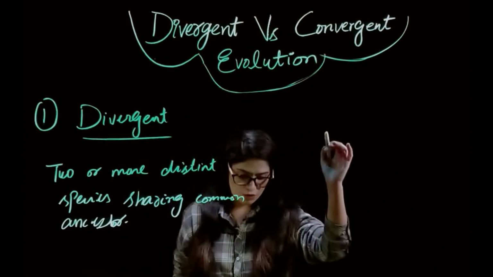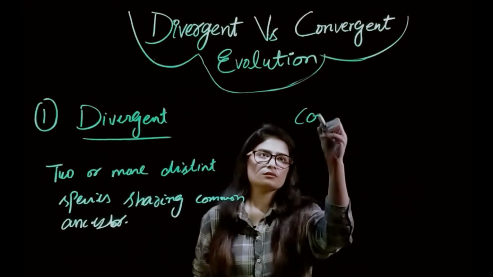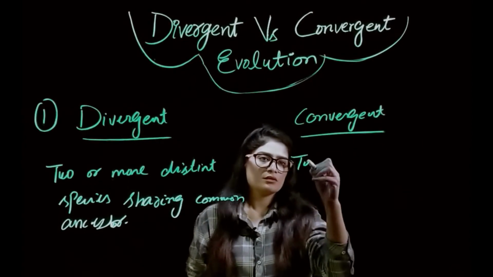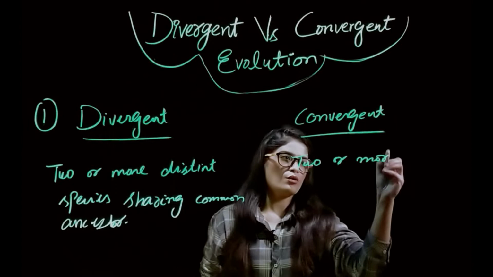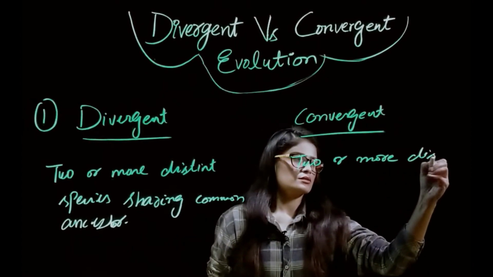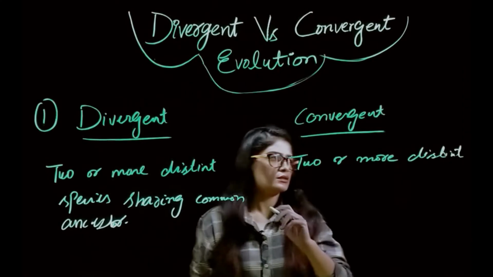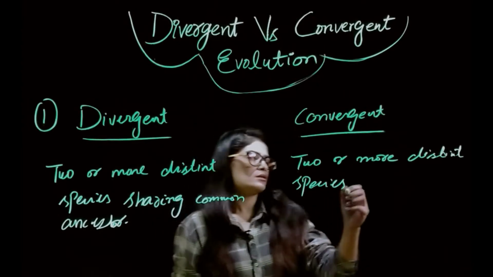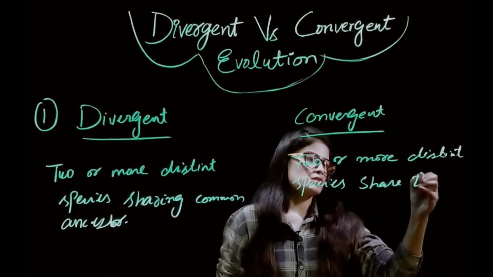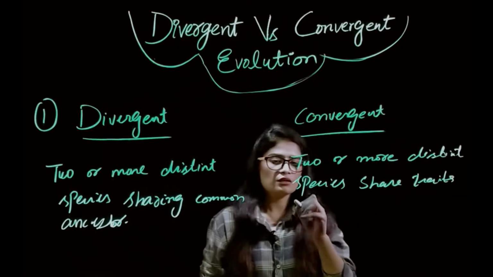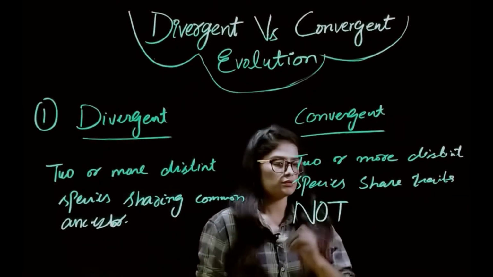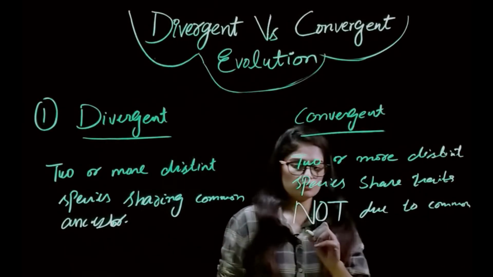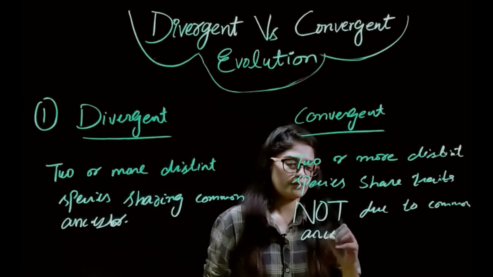While in case of convergent evolution, two or more distinct species share traits not due to a common ancestor.